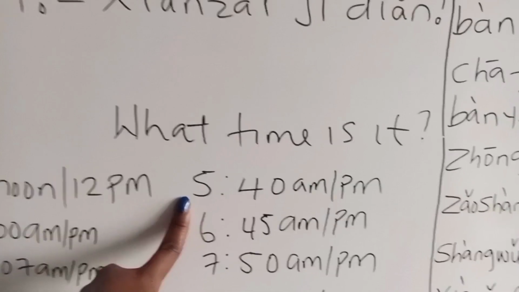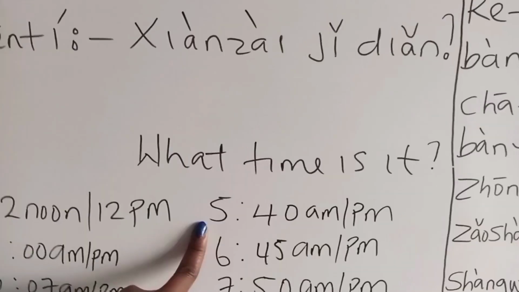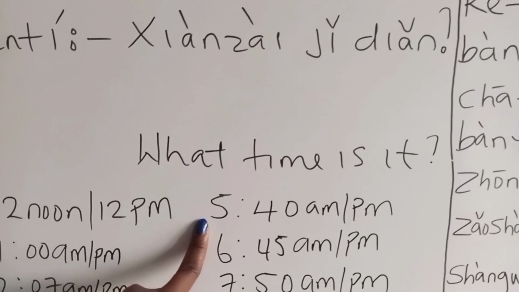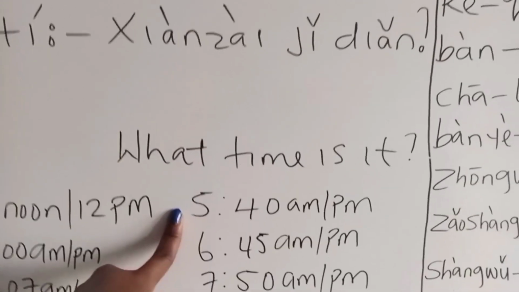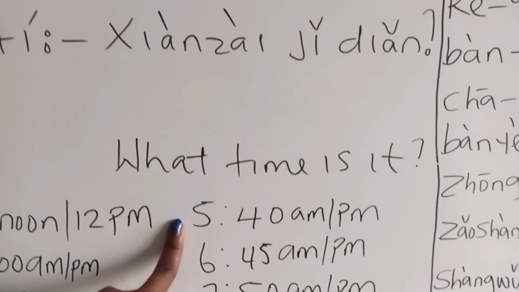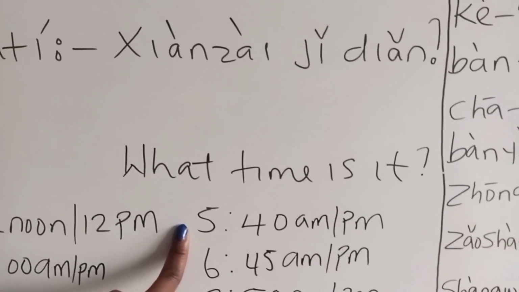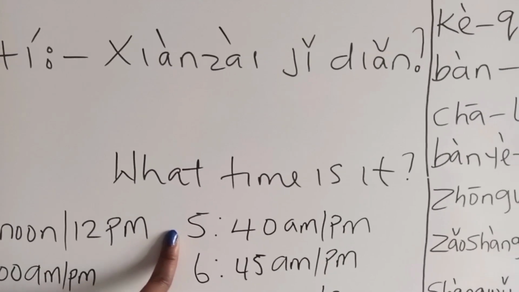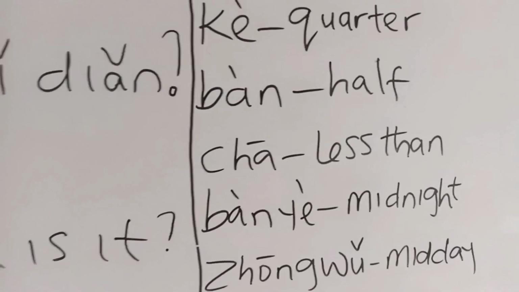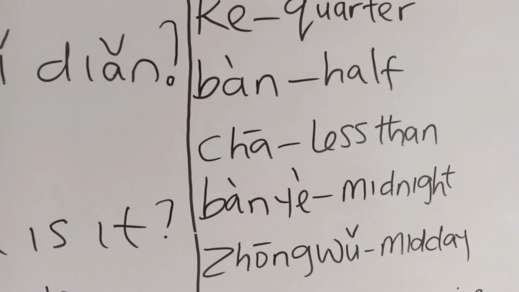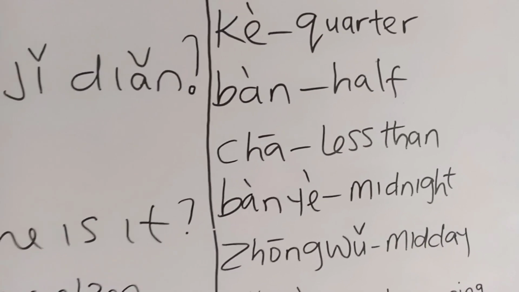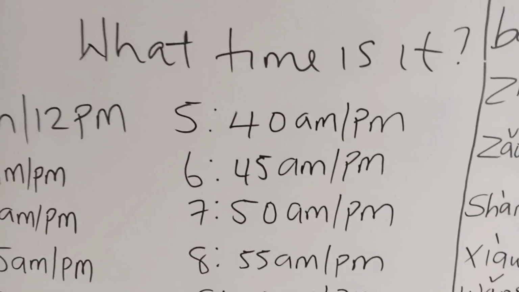If you want to say 5:40 in Chinese, you say 5:40. And if you want to say it is 20 minutes before 6, you will say it is 6 o'clock and short of 20 minutes. 20 minutes short of 6 o'clock. 6点差, what is 20? 20. You say 6点差20分钟.